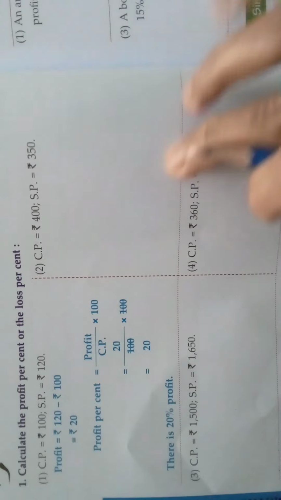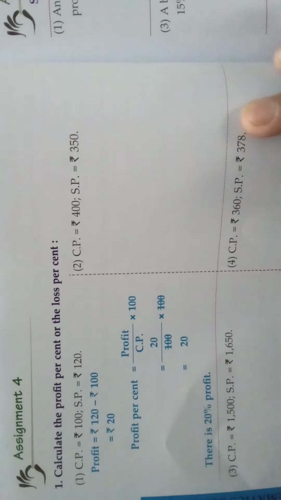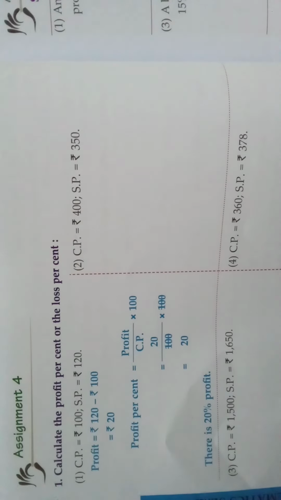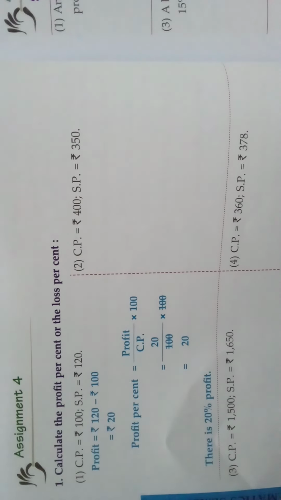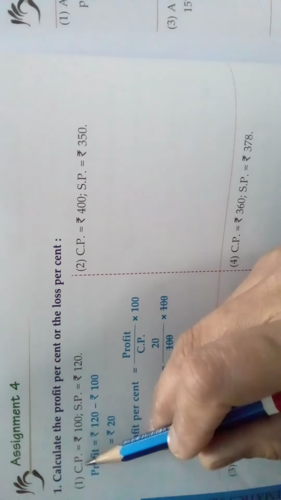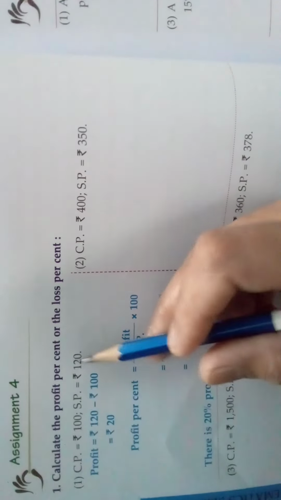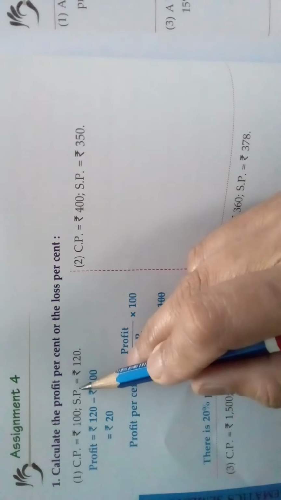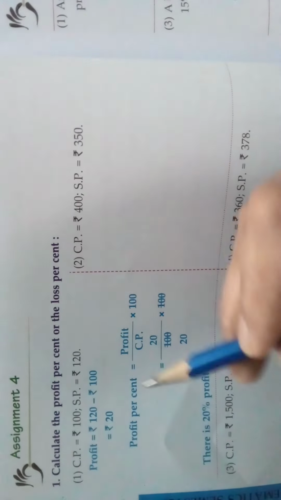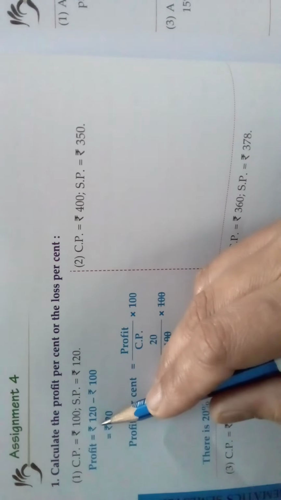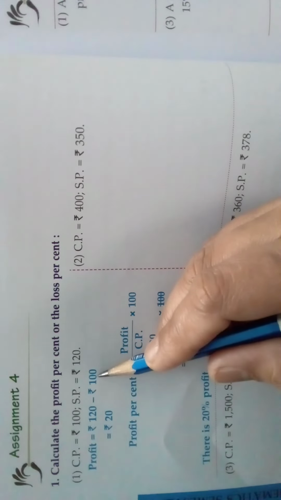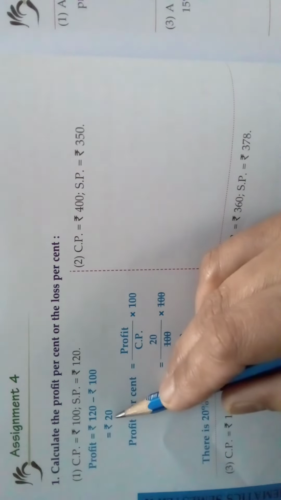See, assignment 4. Calculate the profit percent or the loss percent. So what we should do? We should find whether it is a profit or a loss. After that, we should find the profit percent or loss percent, okay. See here, first sum is there, cost price 100, selling price 120. So selling price is greater than cost price, so that will be a profit. So profit is equal to selling price minus cost price, that is nothing but 20 rupees, okay.